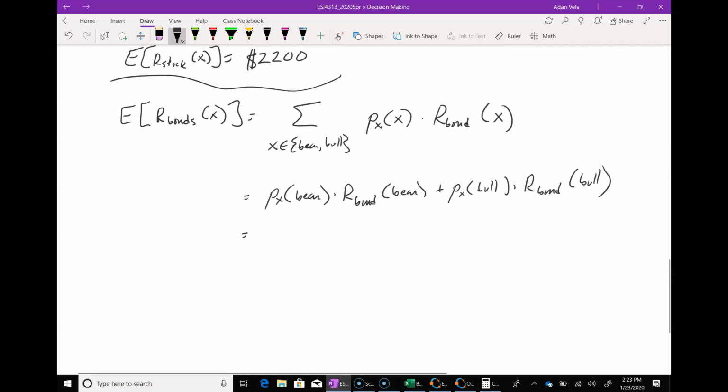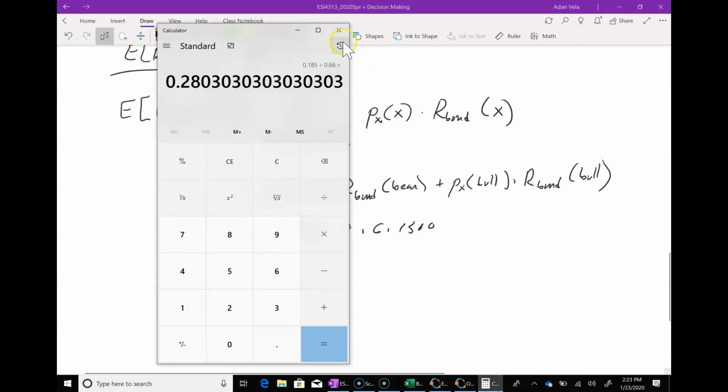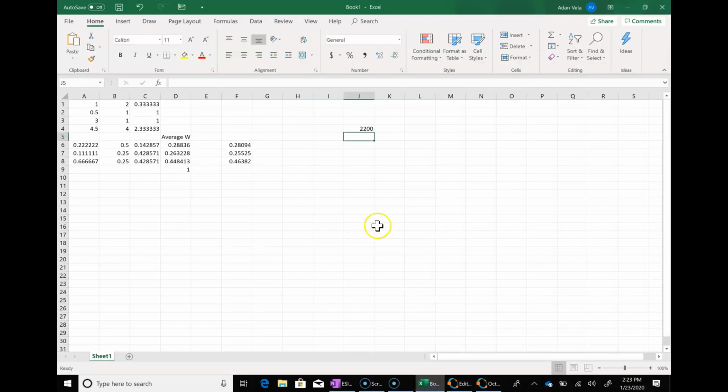All right, so if we plug stuff in, what did we have? 0.4 times 500 plus 0.6 times 1,500. Okay, so I'm going to calculate that real fast. $1,100.